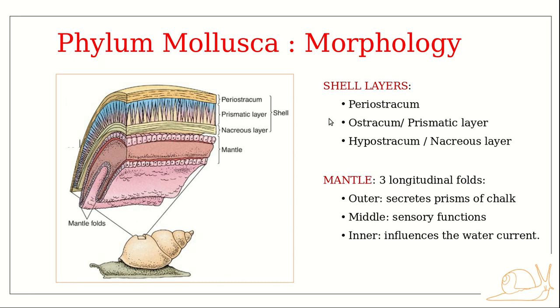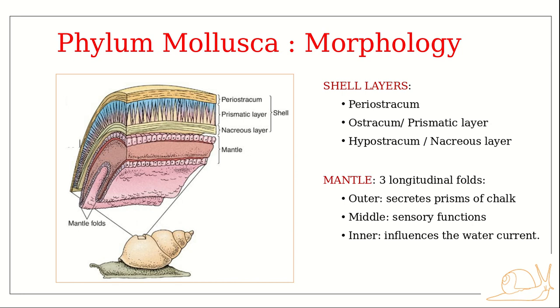Now when you speak about the chemical components that make up the shell, there are two main components forming the major ingredients. One is a protein, conchiolin, and the other is calcium carbonate.